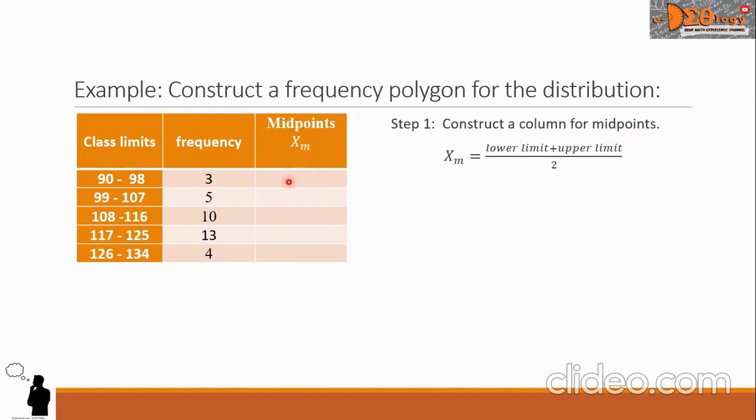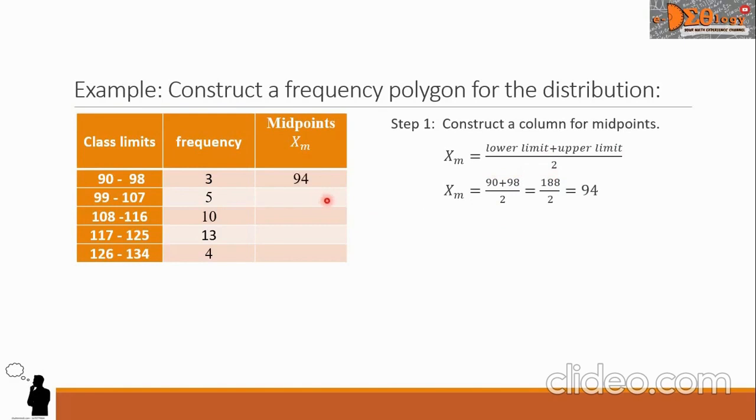So for us to find the value for the first blank, we will write x sub m equals 90 plus 98 divided by 2. The sum of the numerator is 188, and this is now divided by 2. The answer is 94.